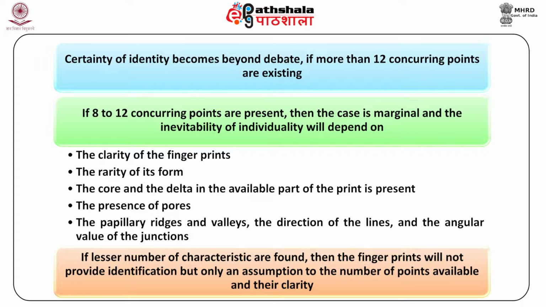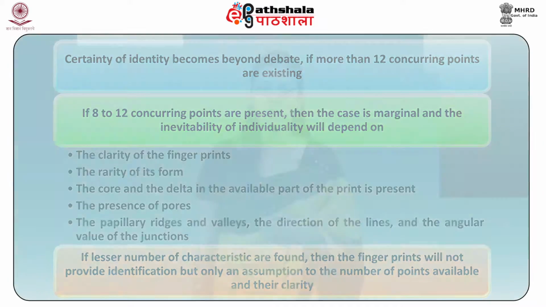If a lesser number of characteristics are found, then the fingerprint will not provide identification but only an assumption, according to the number of points available and their clarity.